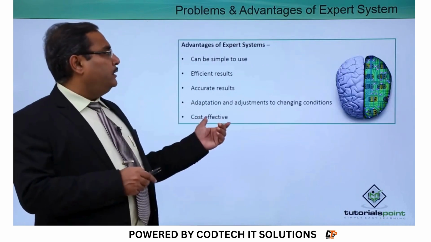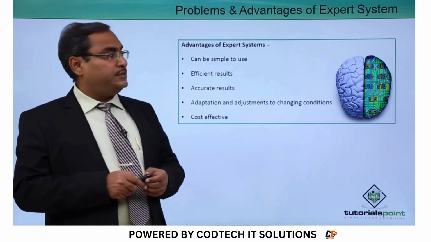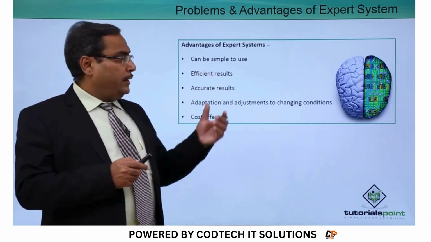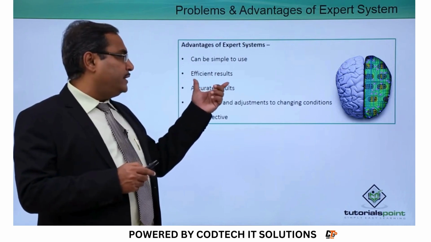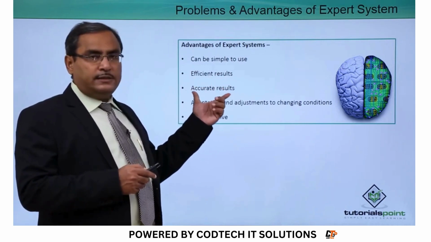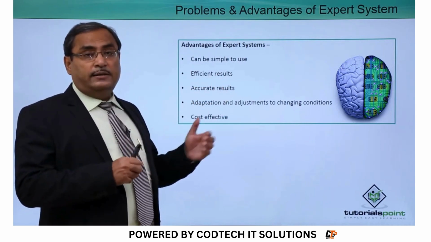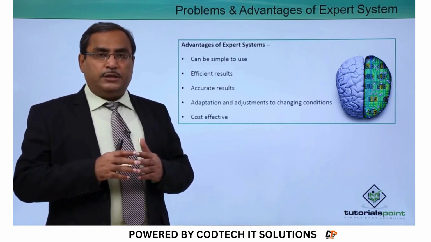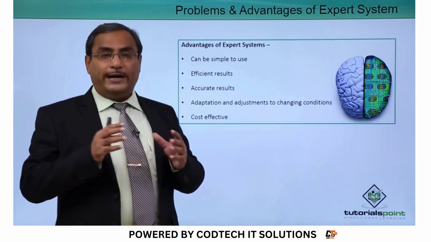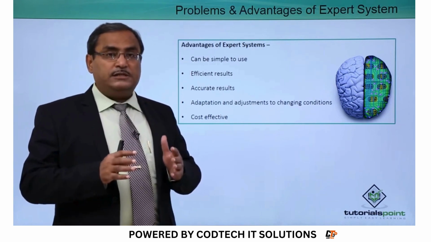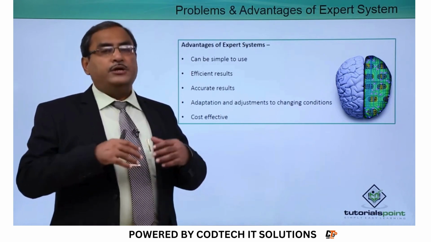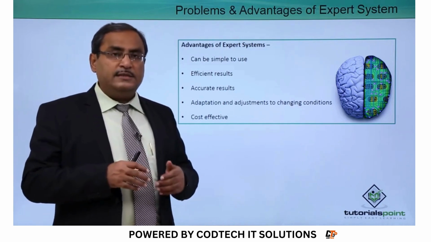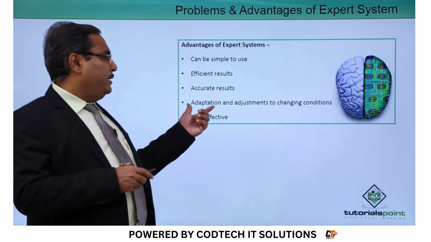Now we are going for the advantages of expert system. First one is can be simple to use. Next one is efficient results, accurate results. Here we are judging that this expert system has good knowledge about the subject, the knowledge area is widespread, and the expert system is thoroughly tested with some real life problems, so we can trust the outputs and inferences made by the expert system.